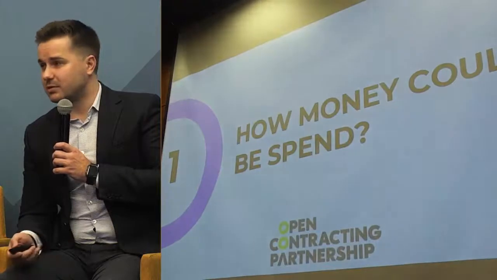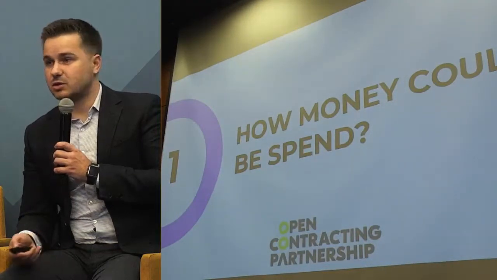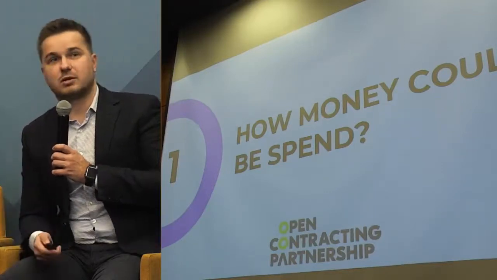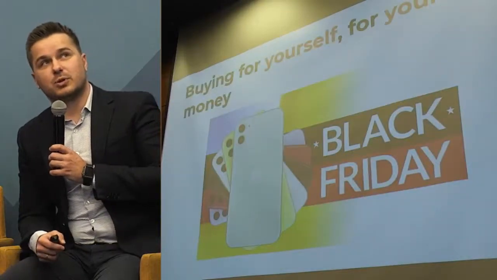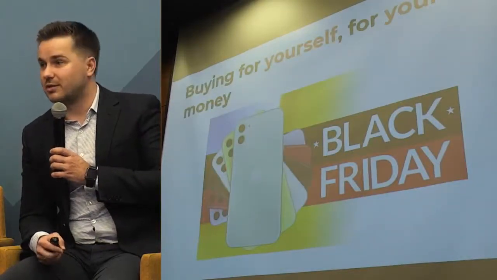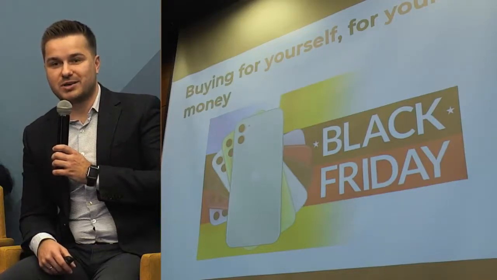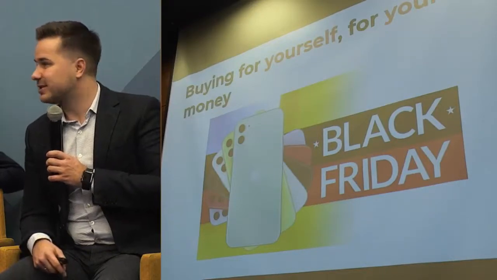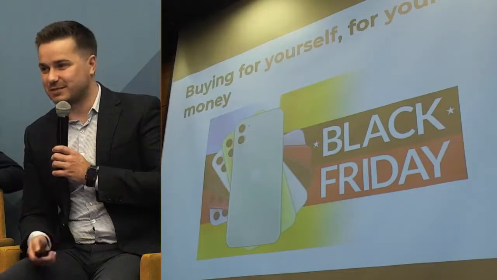But starting with principles: how could money be spent? Following what Tato has already mentioned, just imagine yourself buying an iPhone or a phone. The first quadrant, Tato showed you already, is buying for yourself with your money. And yesterday was probably the best day to buy a new phone because you had a lot of discounts, and most probably you will wait for such a day to have these discounts.